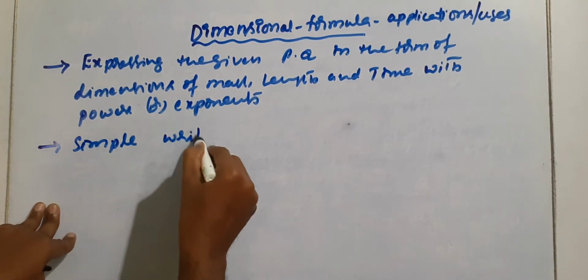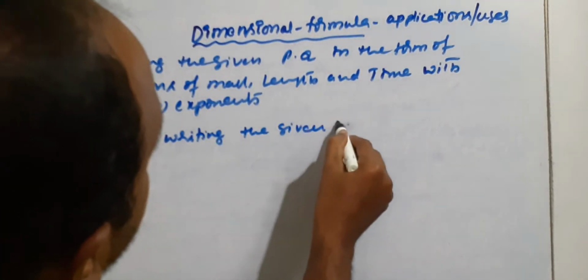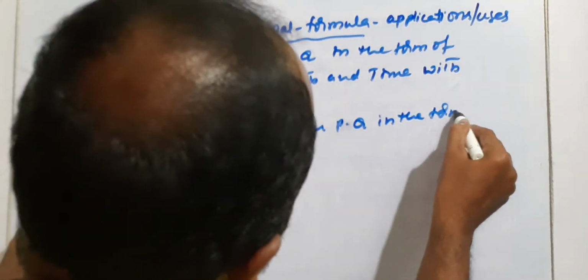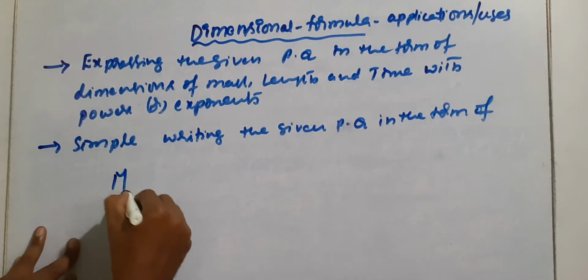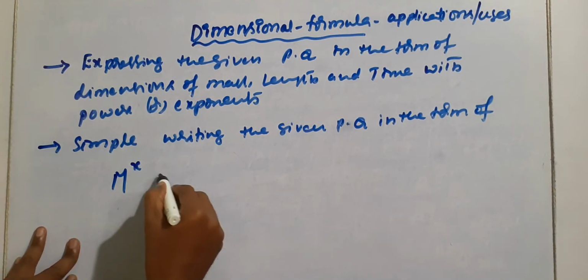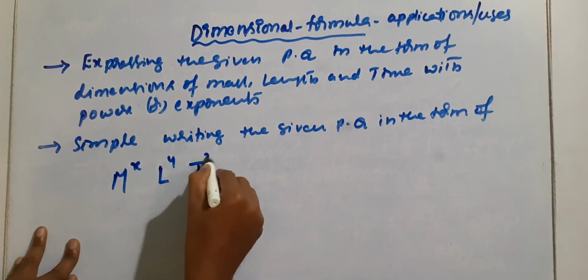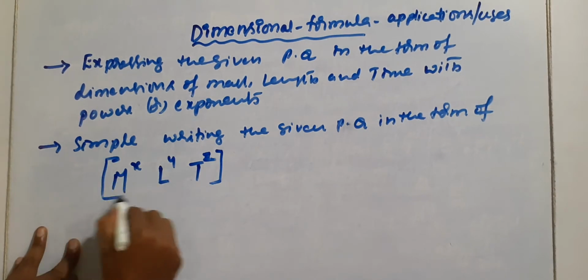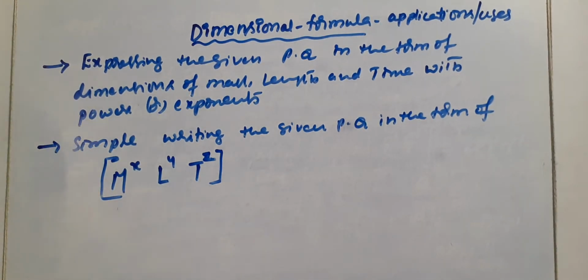Simply writing the given physical quantity in the form of M power x, L power y, T power z, and these three enclosed with square brackets.